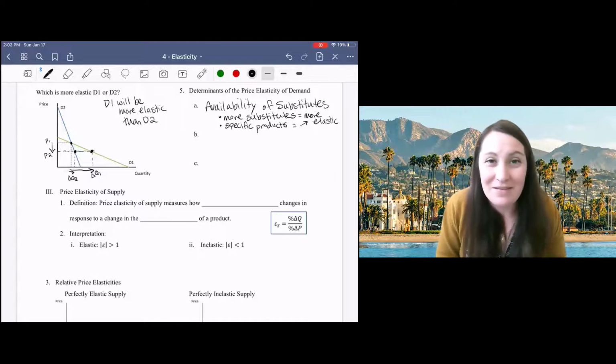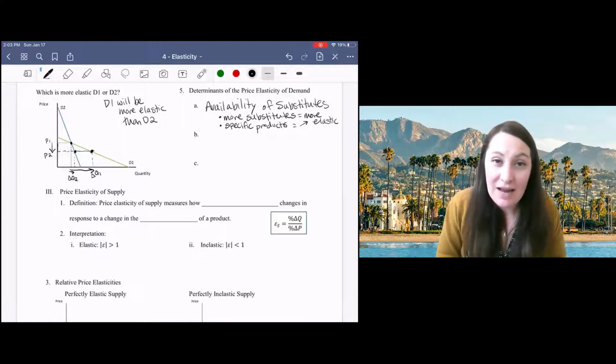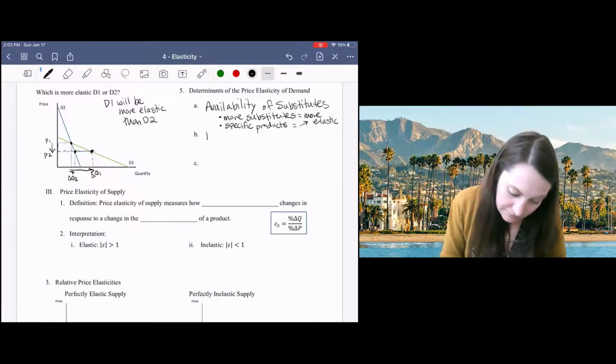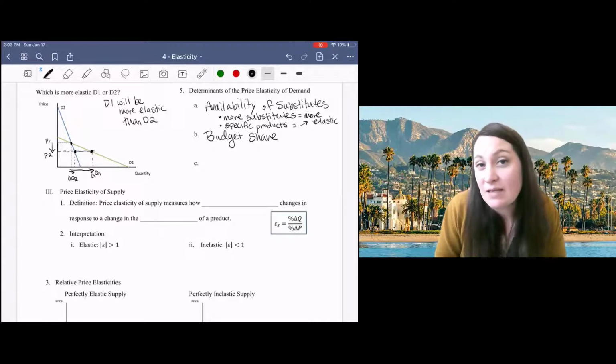In addition to the availability of substitutes, the price, or rather the share of your budget that the item constitutes, will matter. Some things may simply be too expensive to afford.